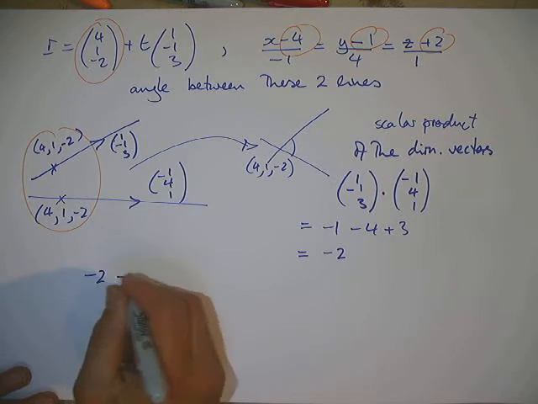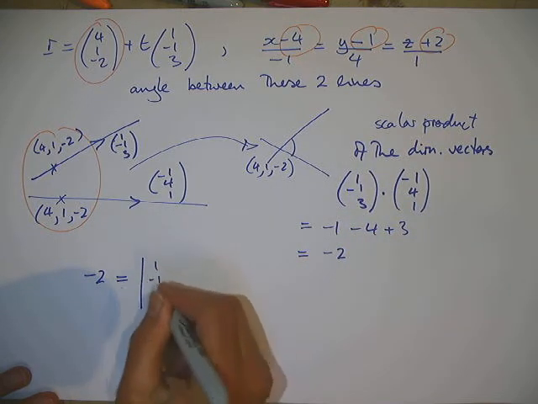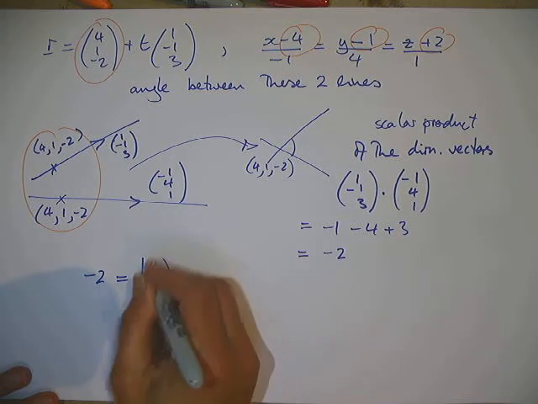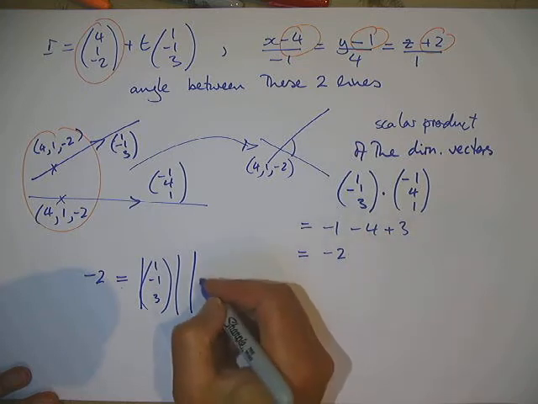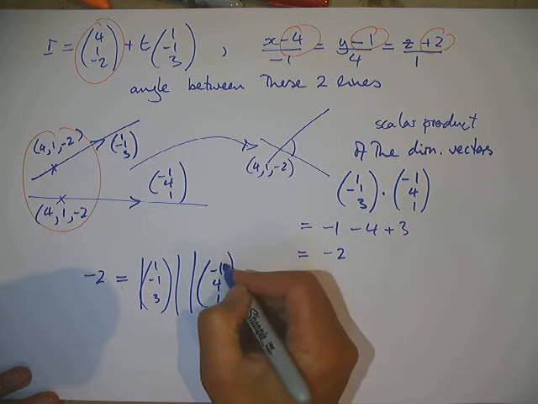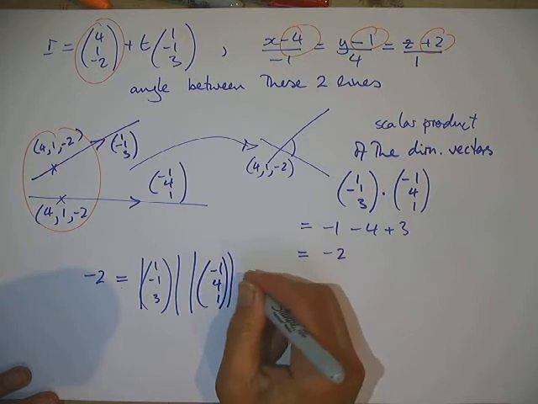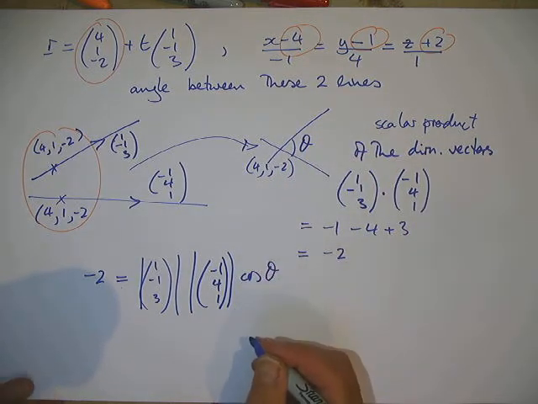Minus 2 equals the modulus of (1, -1, 3) multiplied by the modulus of (-1, 4, 1) multiplied by cosine of the angle between them.